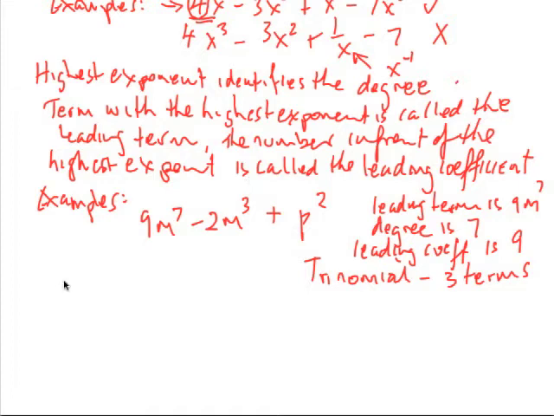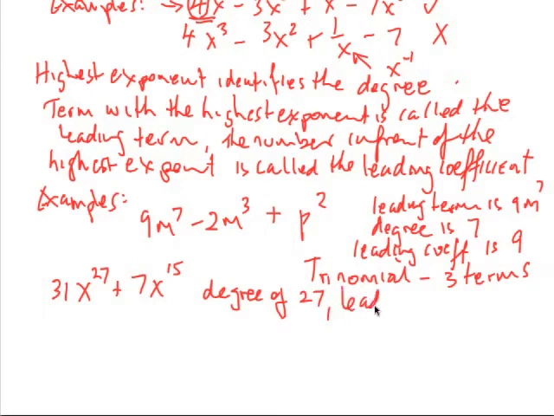All right, so what if we have something like 31x to the 27 plus 7x to the 15, then here we have a degree of 27.